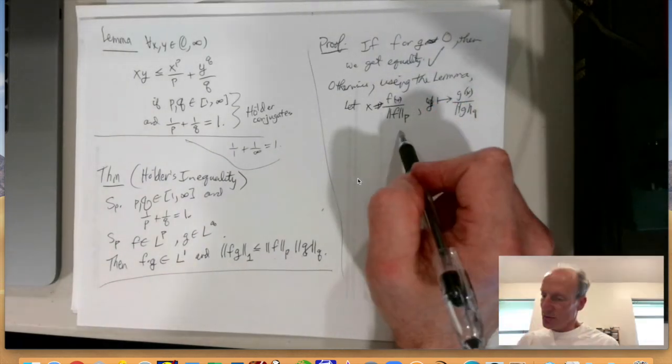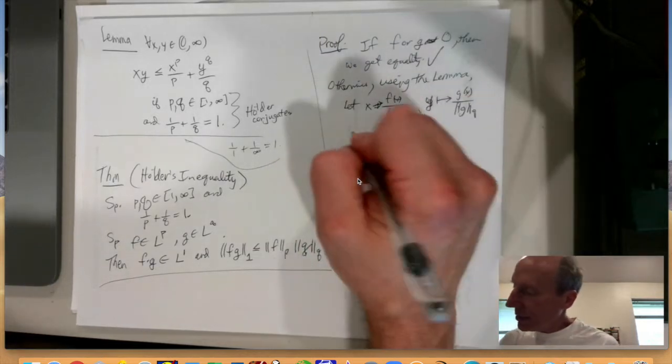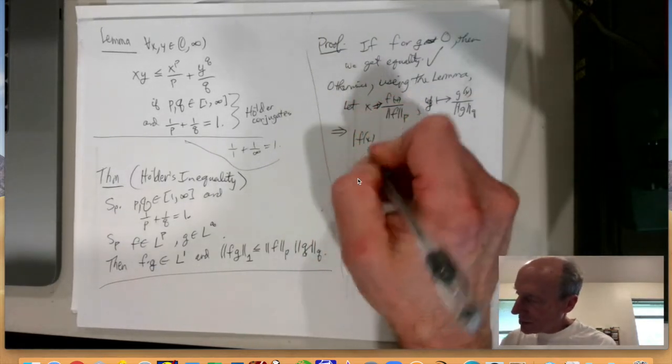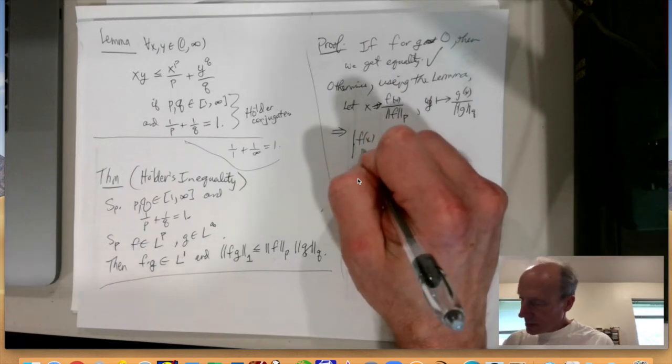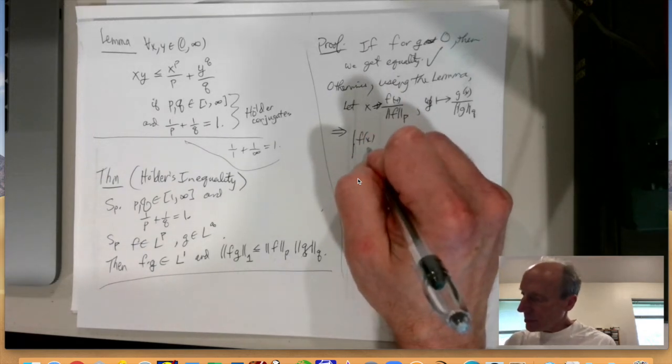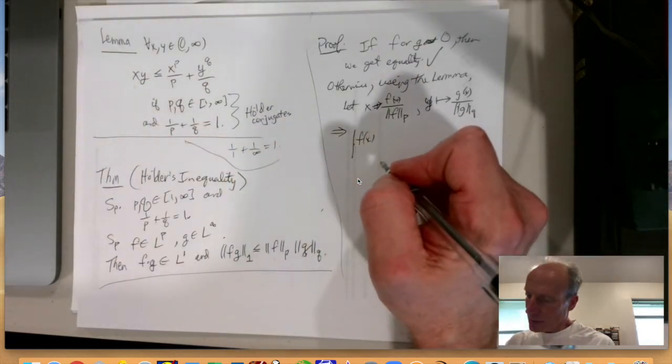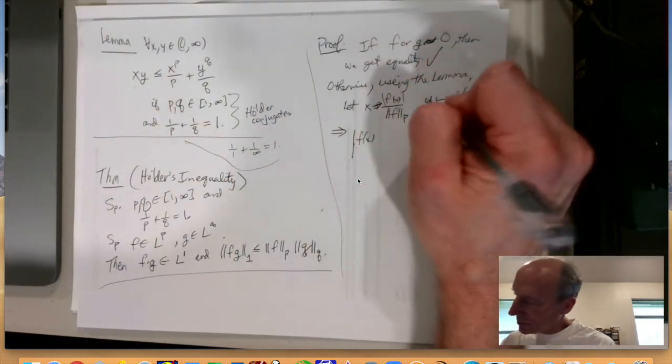And those are just constants, right? So then we get this equation, the absolute value of f(x), actually I think I want absolute value, yeah, let's put absolute value.